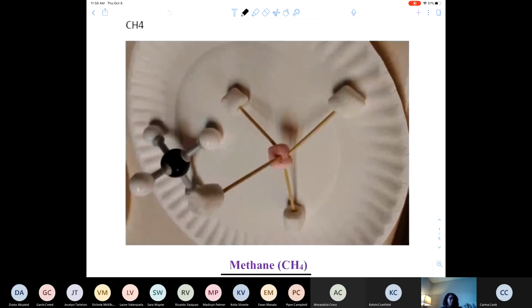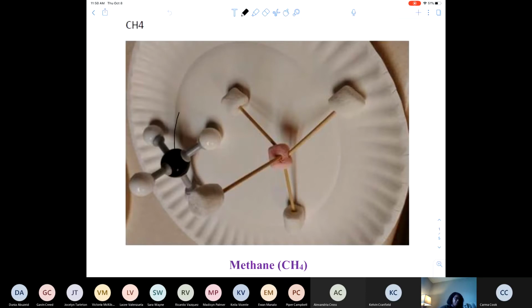And so there's the model for our methane. I've got both a traditional chemistry model, what we call a ball and stick model, and next to it, a marshmallow and toothpick model. They both give us the same information.